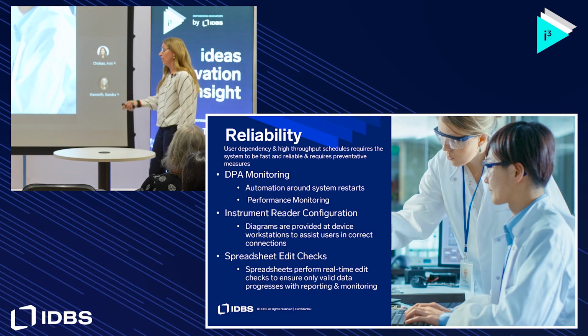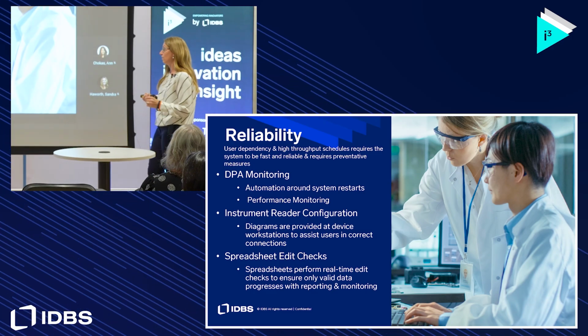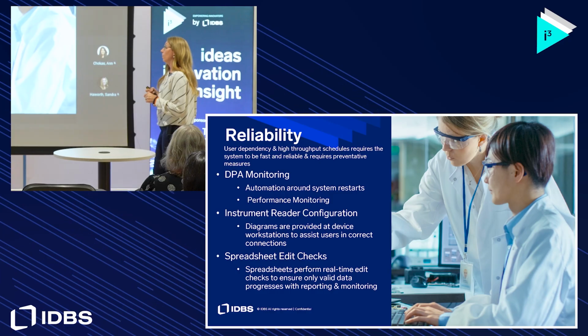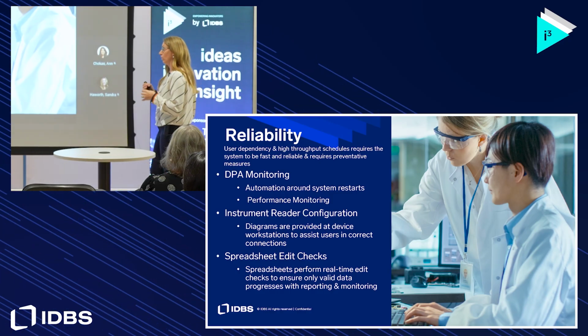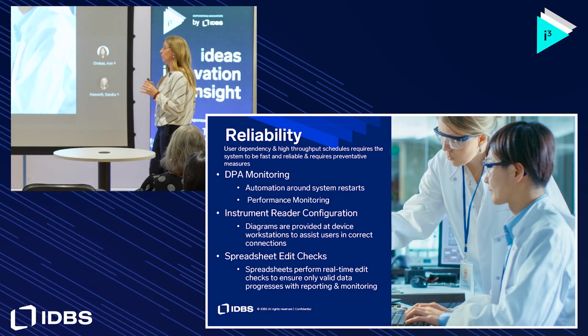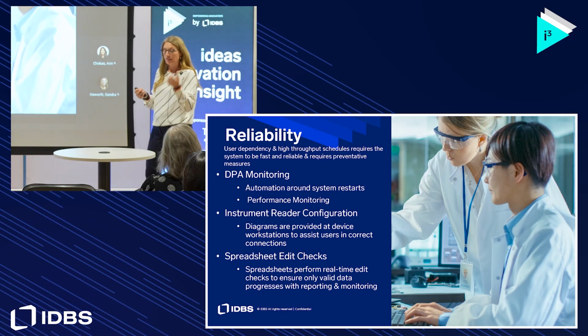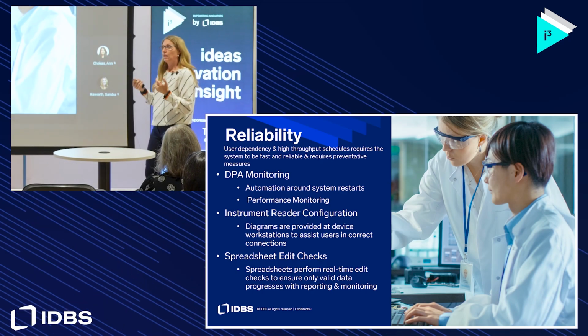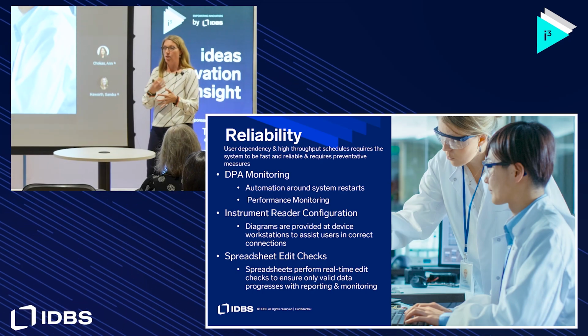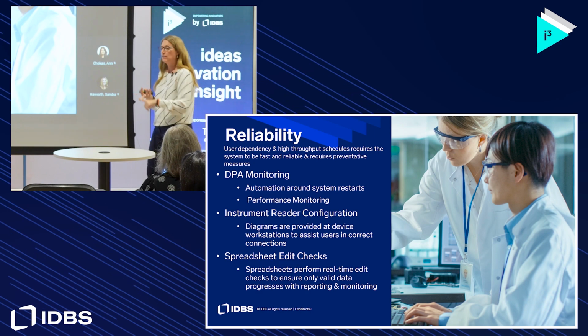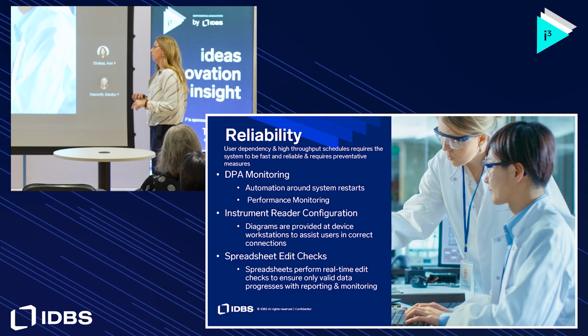And the spreadsheet edit checks. So I kind of chatted about this a little bit earlier. Most of our templates, if not all of them, have some sort of real-time edit checking, meaning I'm scanning in things, querying inventory, and it will tell me right then and there if it's expired, if it's the wrong thing, if it's not a qualified lot.